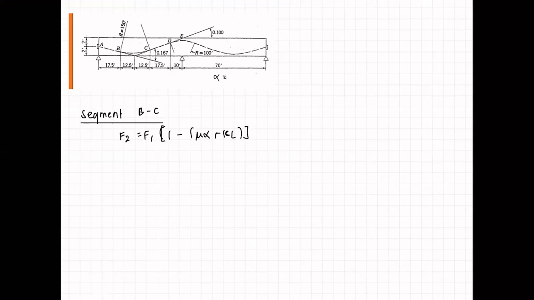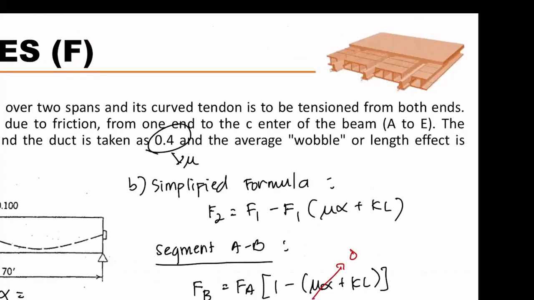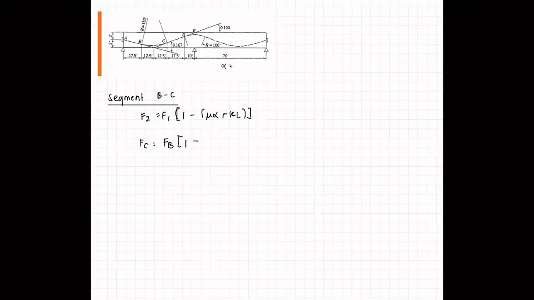So dito ang F2 natin ngayon will be yung value natin, yung end natin. So FC yun will be FB times 1 minus, since ito is a curve, meron tayong curvature effect. So hindi yan 0. Then meron tayong wobble effect. Okay? So ano yung mu natin? So mu is 0.4 kanina doon sa problem, which is stated naman, no? 0.4. And then ano yung alpha natin?